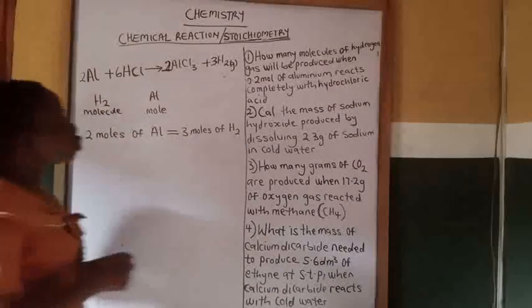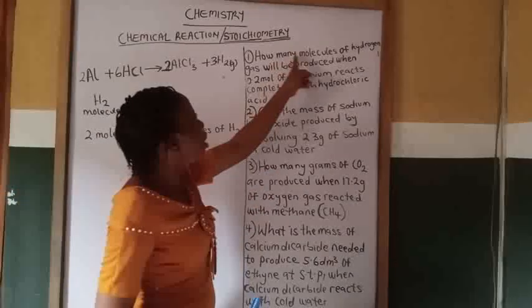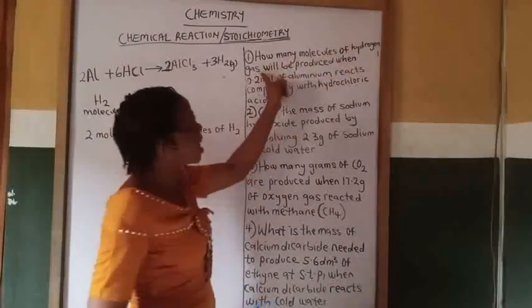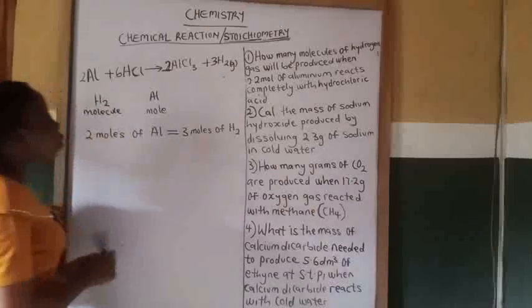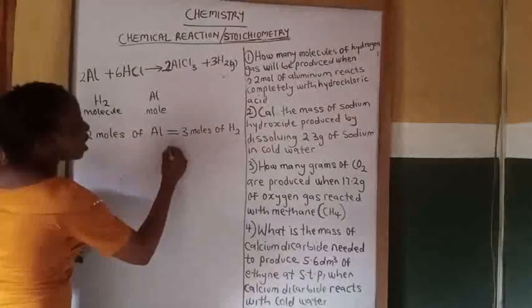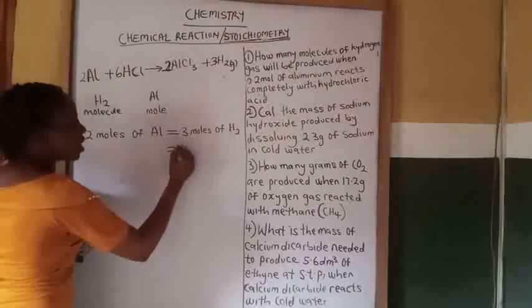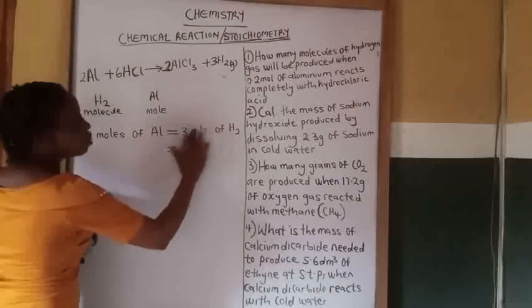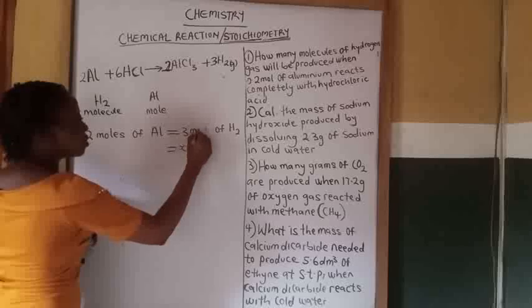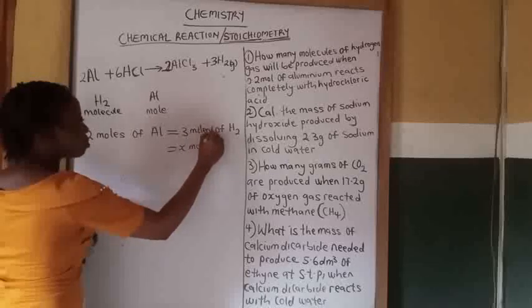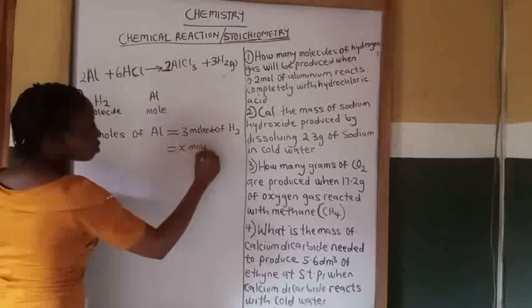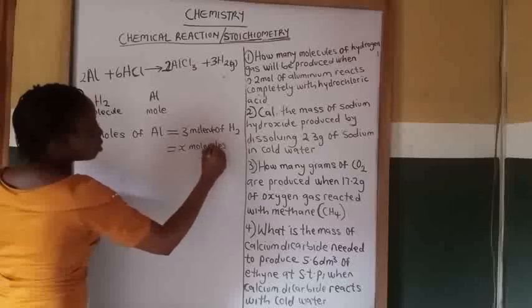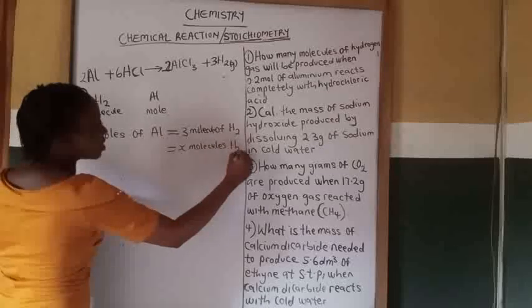Now we go back to our question. How many molecules of hydrogen gas? We are looking for the number of molecules of hydrogen gas, so under hydrogen gas you say X. 3 moles, sorry, because we are looking for the number of molecules there. So 3 moles of hydrogen gas.